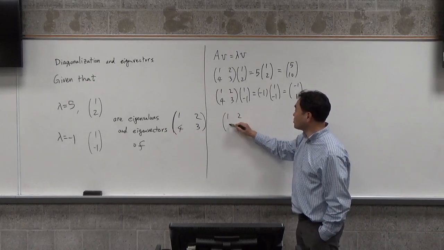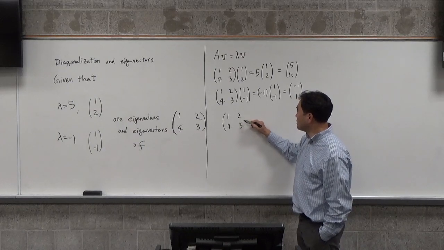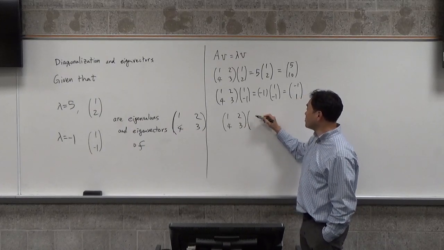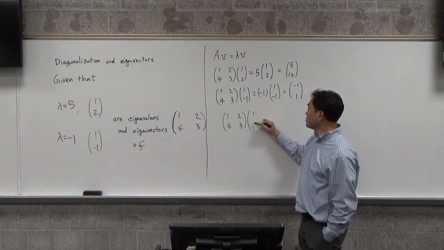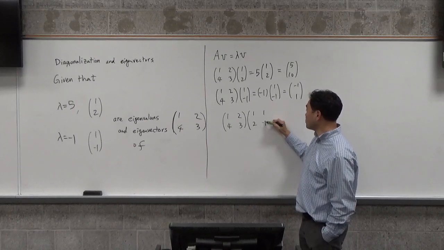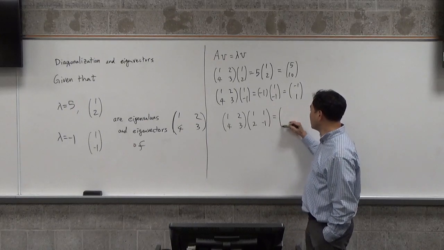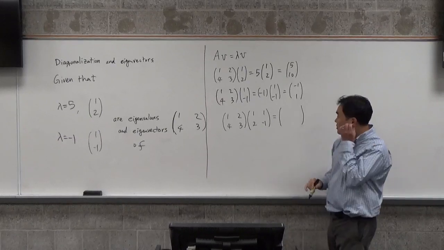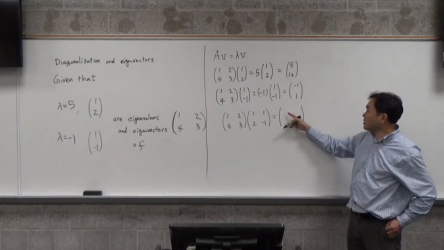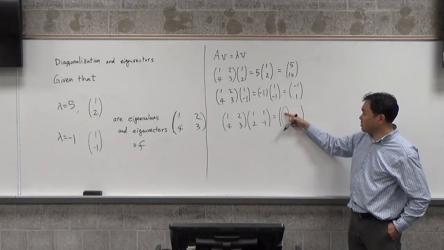[[1, 2], [4, 3]] times [[1, 1], [2, -1]]. Think about what goes here in the first column.